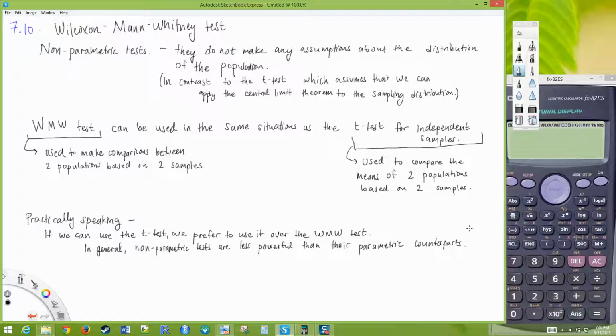And if it's not powerful, then we need a lot of data to convince us to reject the null hypothesis. If it's not powerful, it would take a lot more convincing before we reject the null hypothesis.